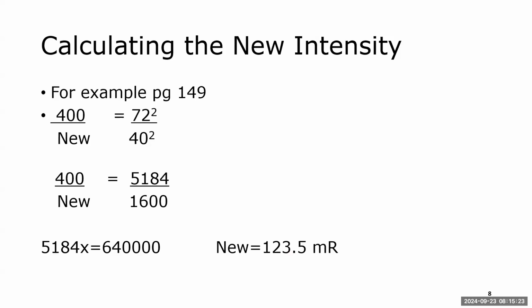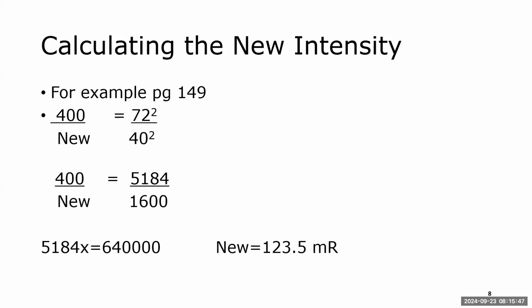What would be the new intensity if the old distance was 40 and the new distance is 72? If your MR readout at 40 inches was 400, what is it going to be if you increase your distance to 72?